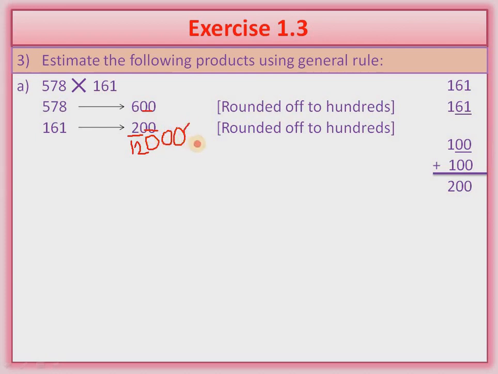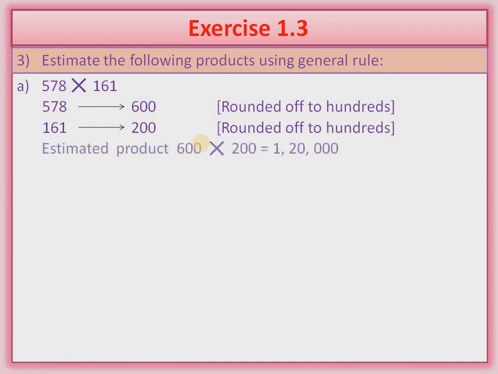Understood? So what is answer? The answer is 1,20,000. Understood? The answer is estimated product 600 multiplied by 200 is equal to 1,20,000. Now I am going to show the next question.